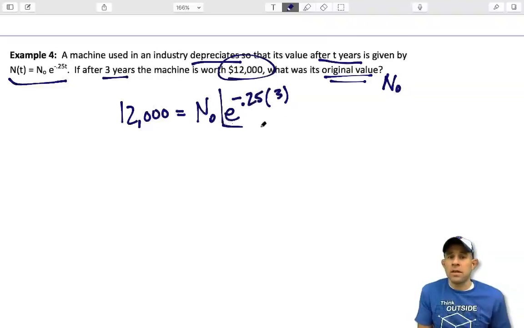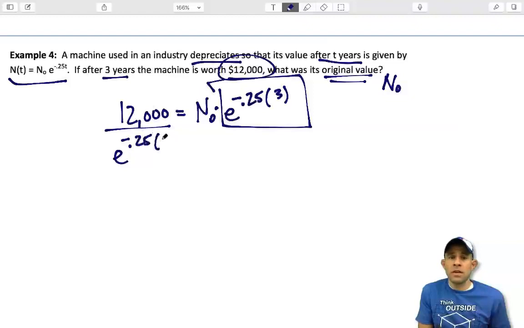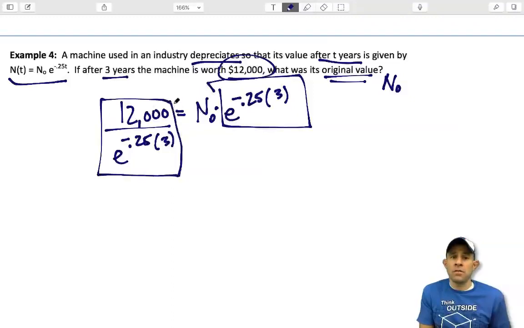All right, again, keep in mind that this is just a number. I can multiply that out in my calculator, which means it's attached by multiplication here. So if I divide both sides of my equation by that, e to the negative 0.25 times 3, then I will get my initial value, or what it was worth when it was first purchased. I'm going to check that on my calculator, and you check that on yours.